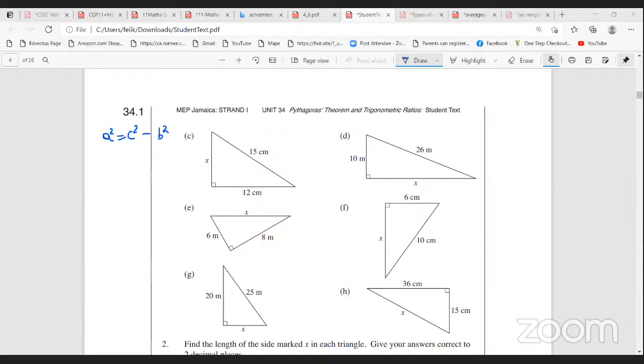So x squared equals 15 squared minus 12 squared.